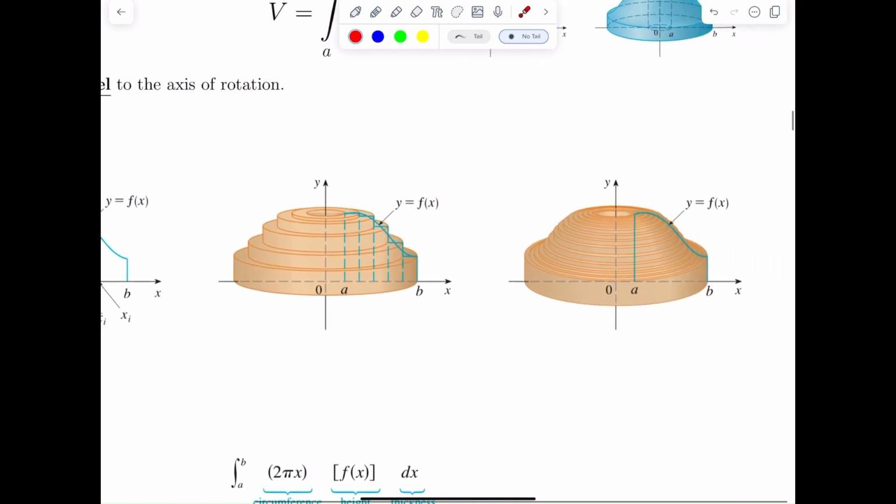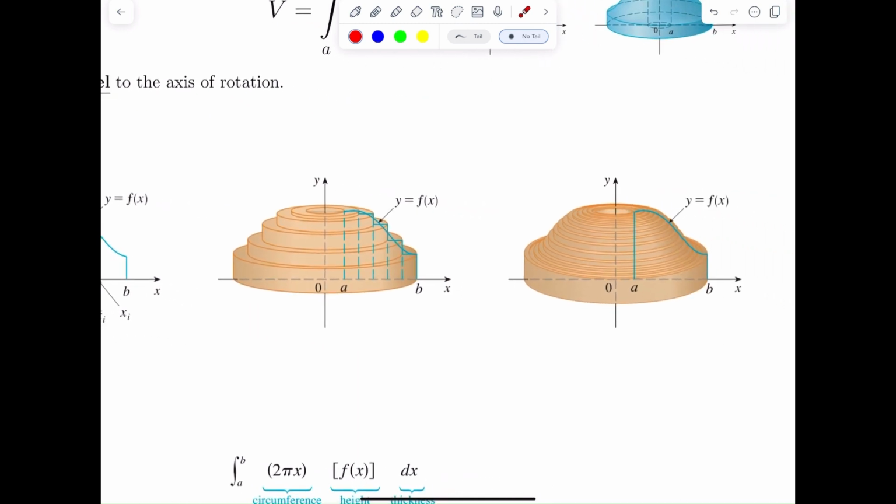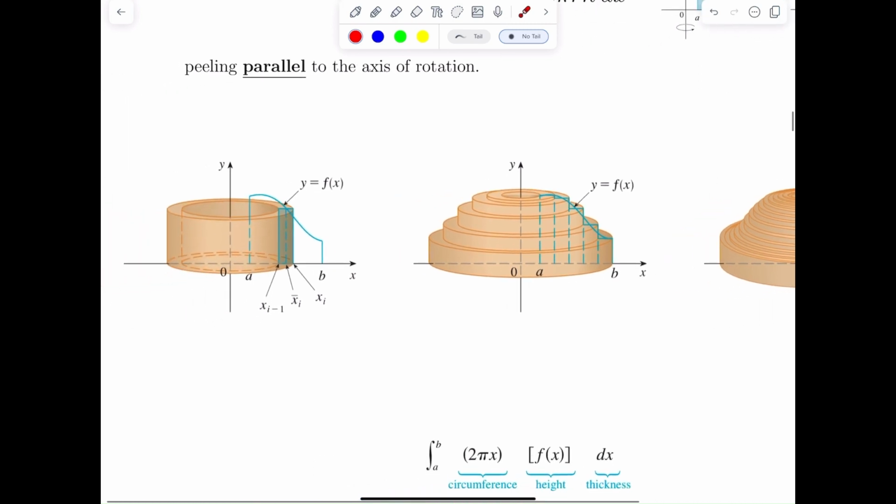Well, if we unroll them, they are basically rectangles, right? Rectangles whose height is given by the function f of x. And then the other side, when you unroll it, is the circumference. So that would be 2 pi times the radius. That's how we normally compute the area of a cylinder.